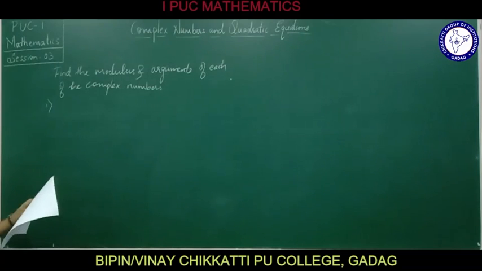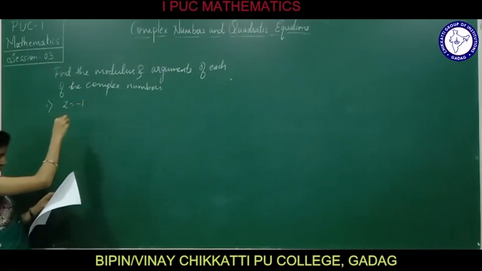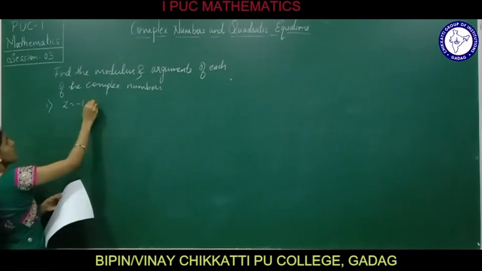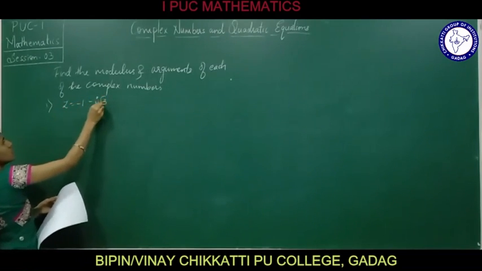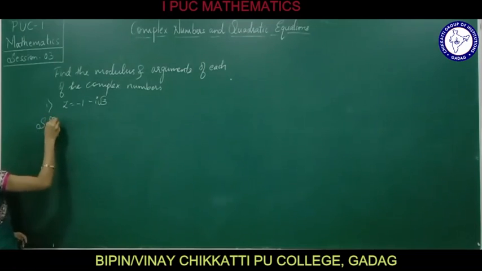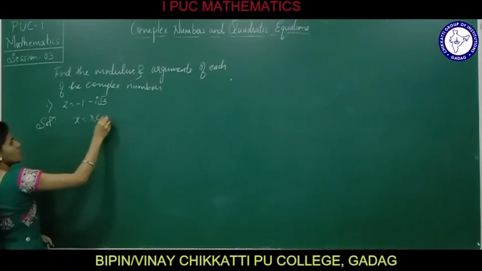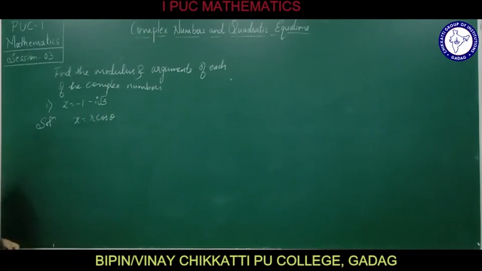The first one is given that z is equal to minus 1 minus i root 3. See how we are going to represent x. x is r cos theta, right?